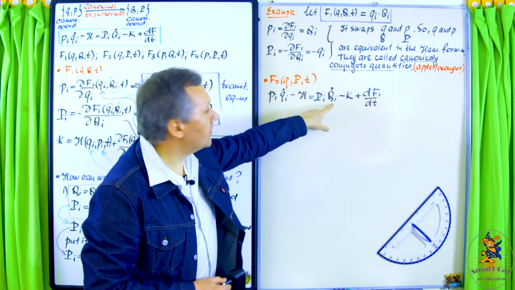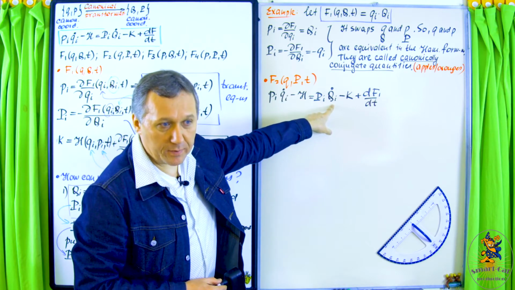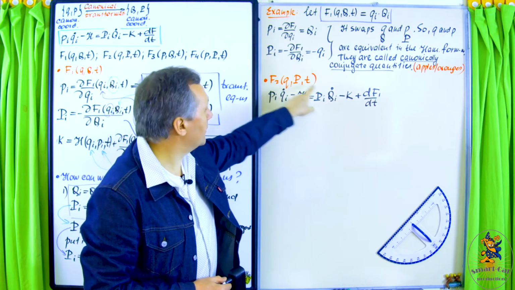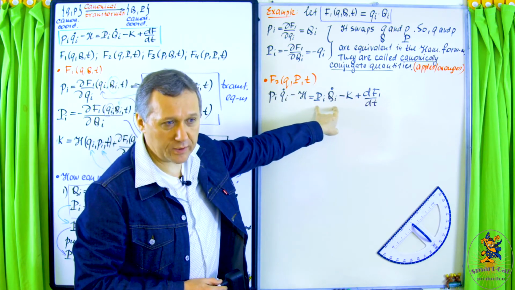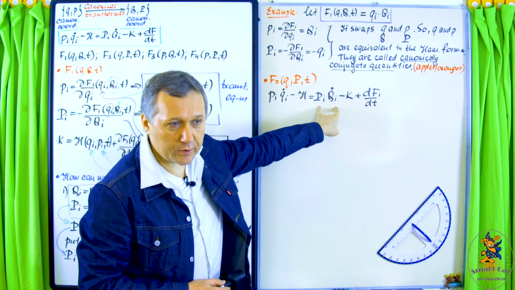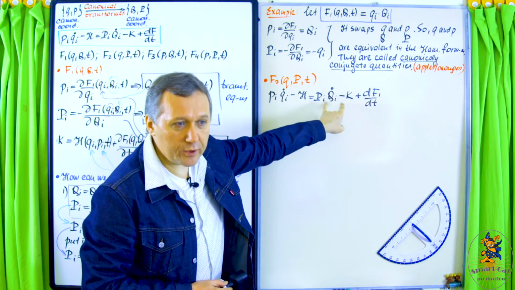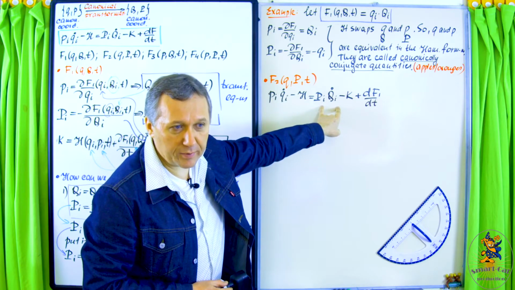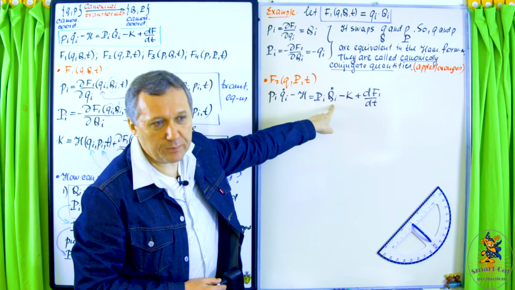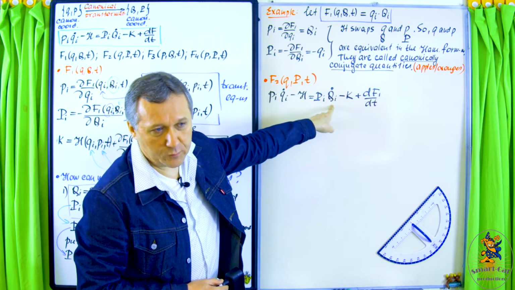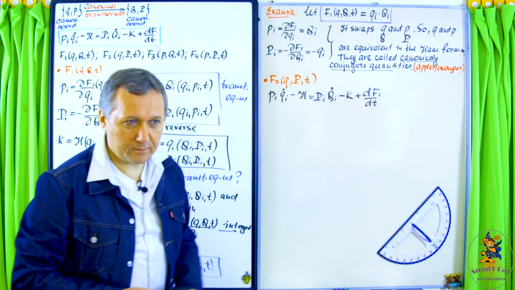Then P dQ capital. Q capital is not our independent variable. This term ruins everything. It will not allow us to get an equation. So we need to get rid of this term and replace it with p capital, so that we will have here dP capital or P capital dot, right?